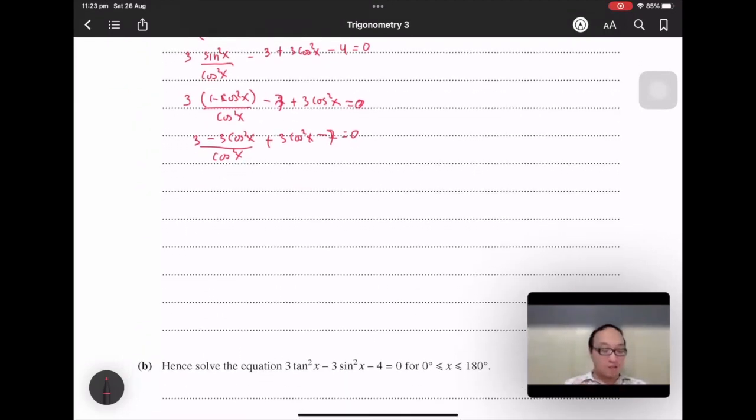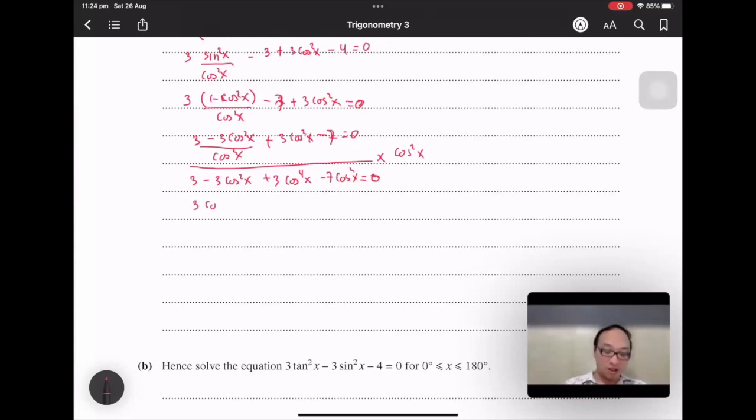Now, I can multiply everything by cos²x. So I have 3 minus 3 cos²x plus 3 cos⁴x minus 7 cos²x equals 0. So from here, I can rearrange.